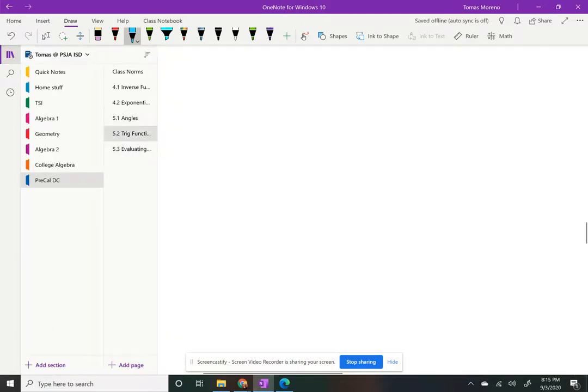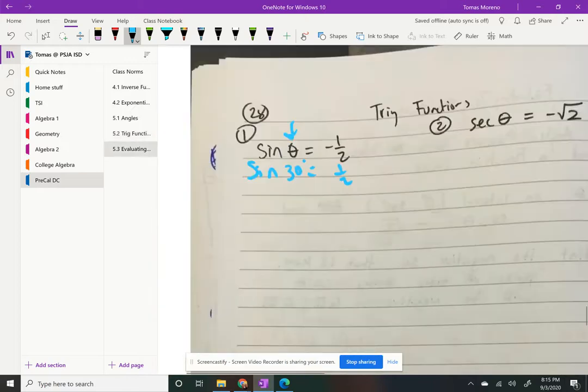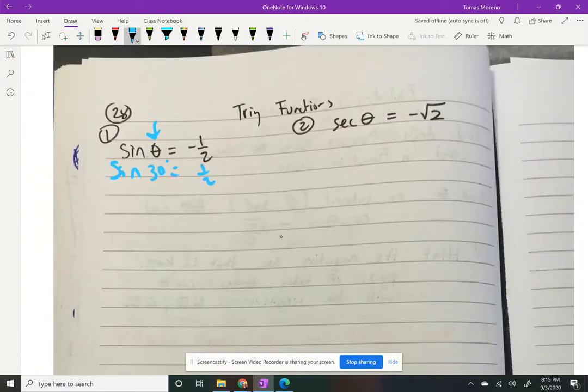Let's look at our little chart. I'm going to erase all this. Sine is negative in quadrants 3 and 4. So I'm going to just make a note of that. Put it right here. Quadrants 3 and 4. So that means my angles have to be bigger than 180, but smaller than 360.